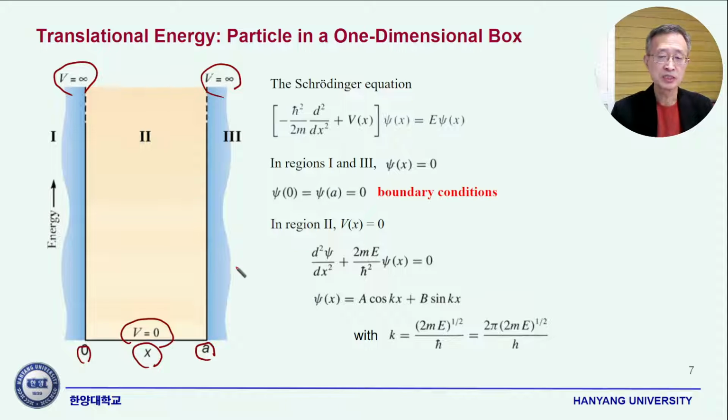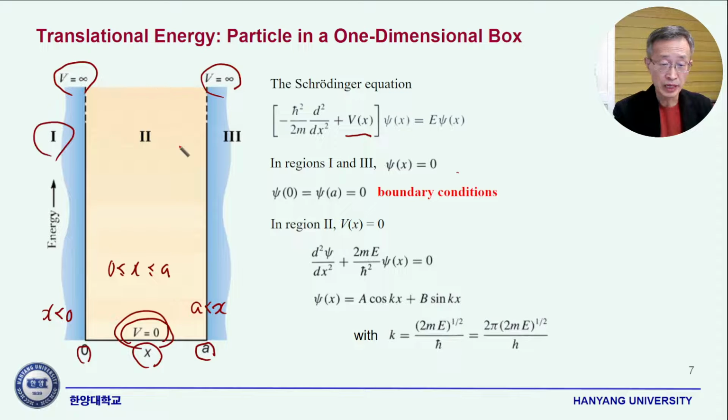So in this case, in the Schrödinger equation, V is given in such a way that for x less than 0 and x greater than a, it is infinity, and only between 0 and a, the potential energy is V equals 0. In regions 1 and 3, there is no particle, meaning psi of x equals 0.